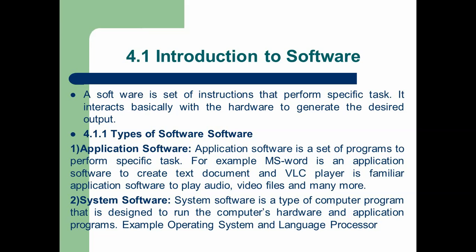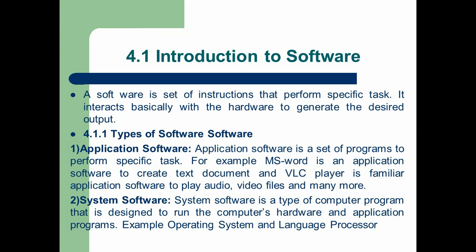On the other hand, system software is a type of computer program that is designed to run the computer's hardware and application programs. It means system software is software which enables the hardware to work. For example, if you want to use a mouse, then to instruct the mouse how to work, there is a software.